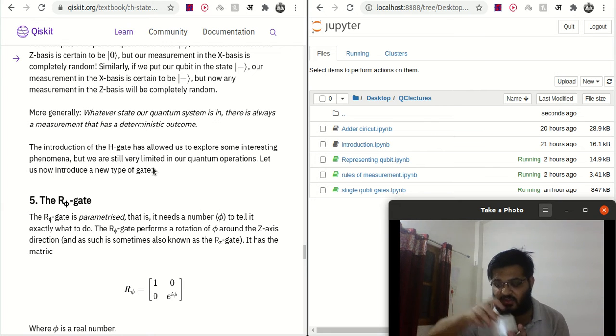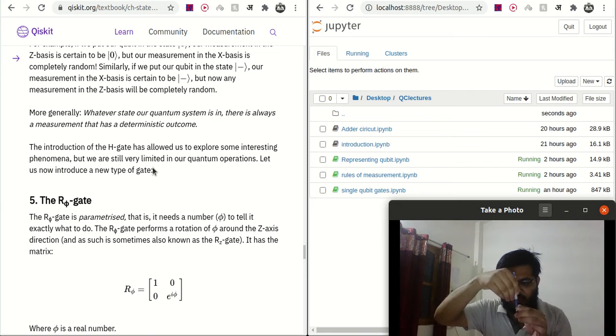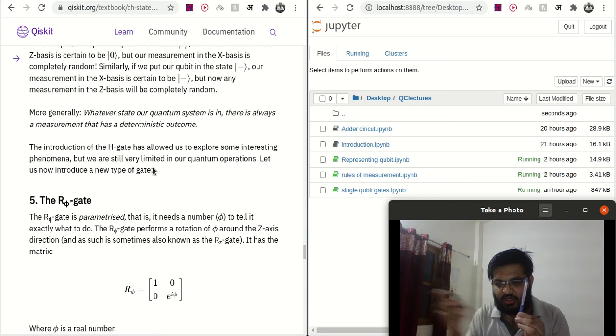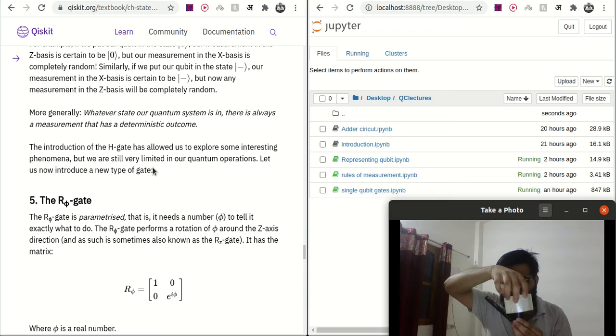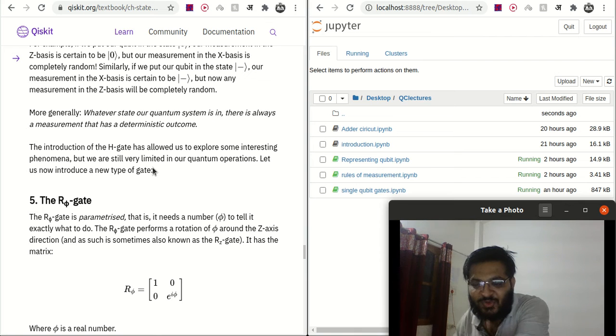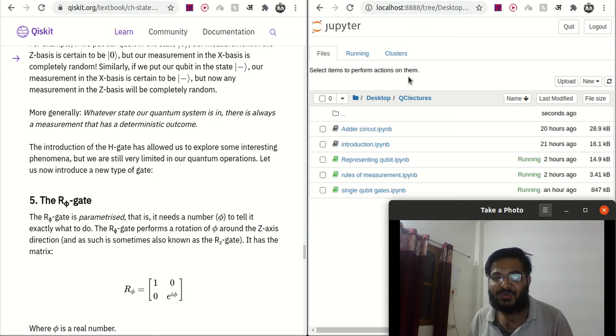So if this is the z-axis and we want to rotate it along this axis, and this is the sphere, with the z-axis as the point, now we want to rotate it like that. I can't show it in this format, but I'm just trying to make you understand.